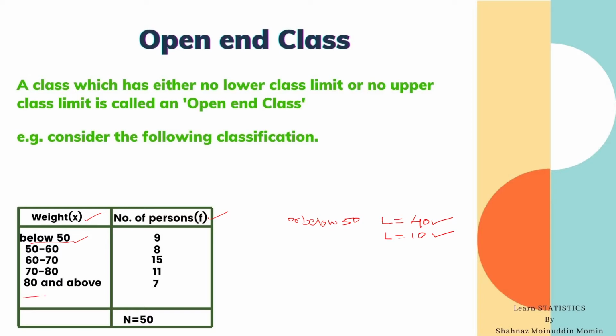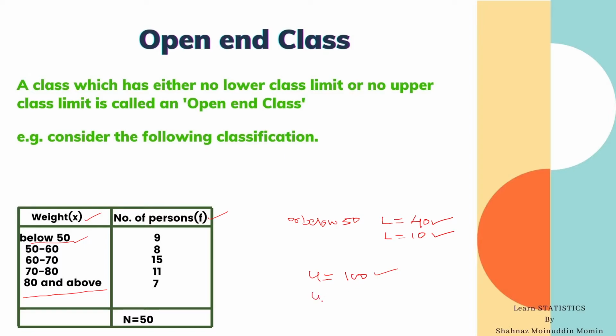Similarly, observe the last class, 80 and above. It means the upper limit of the class is not clearly mentioned here. The upper end is open and somebody can take any value as an upper limit. For example, if someone takes 100 as upper limit, then it is also fine.